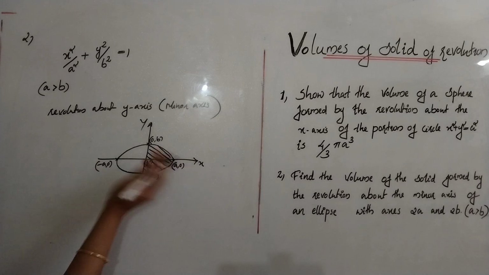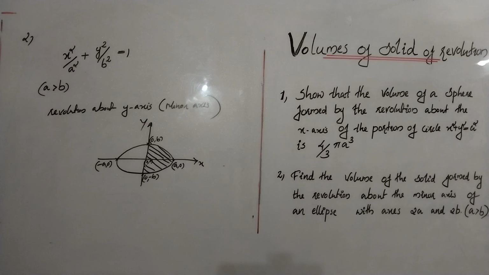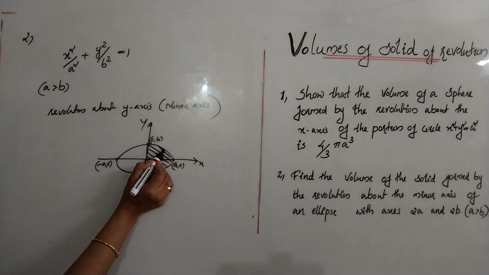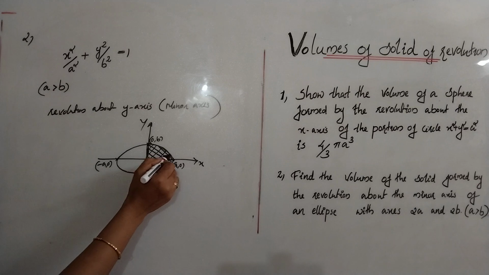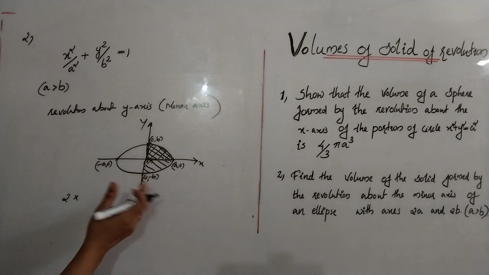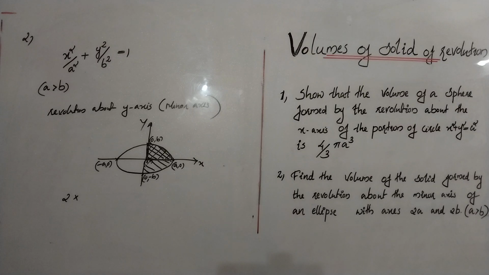This is revolving about the y-axis, and by using the property of symmetry, that is, the ellipse is symmetrical about the axis, the required volume is twice that of the volume obtained by revolving the part of the ellipse in the first quadrant. I am taking this portion only, the area enclosed in the first quadrant, revolving about the y-axis, and I am taking 2 times that volume to get the complete volume because of that symmetry.